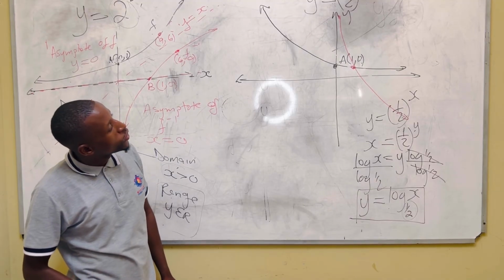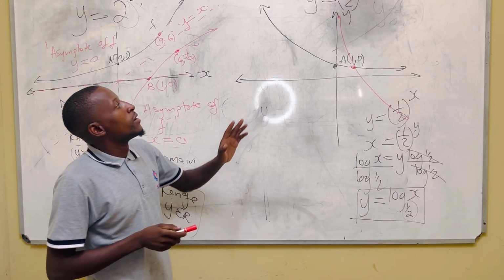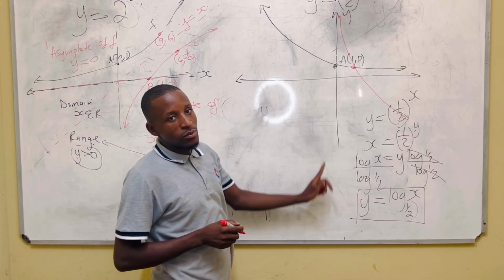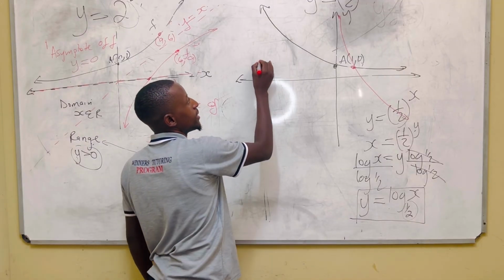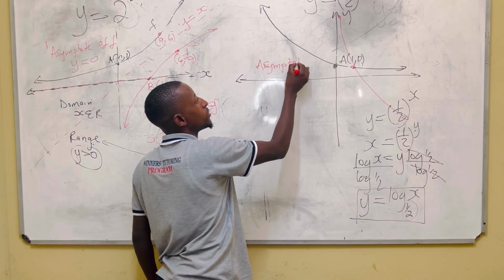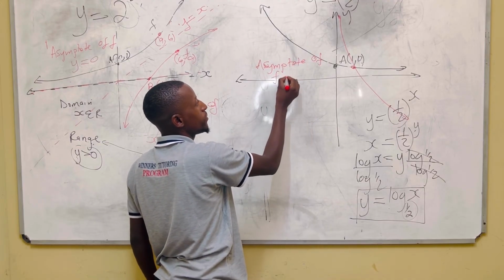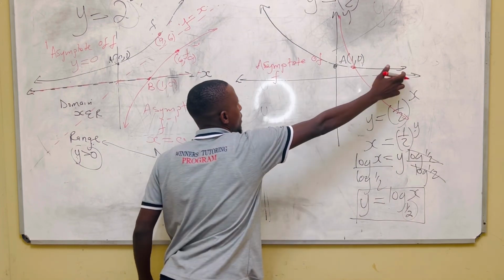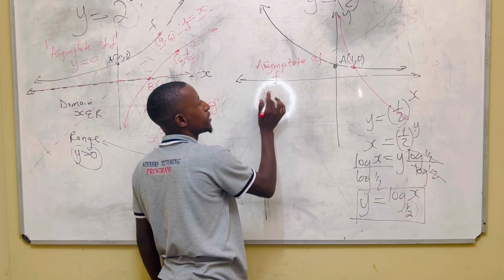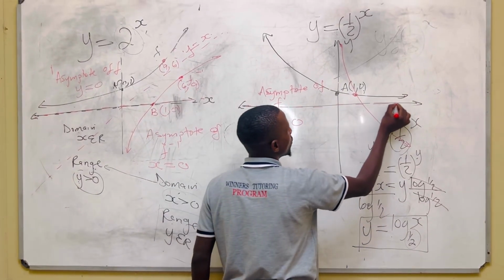So in this situation, we want to know the asymptote of the original function. The asymptote of the original f is this graph. Its asymptote is going to be y equals 0, meaning this will be its asymptote.